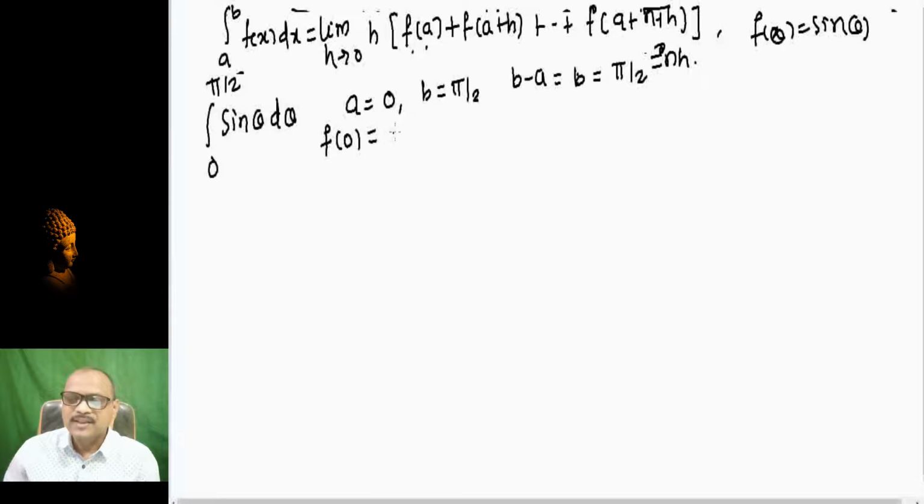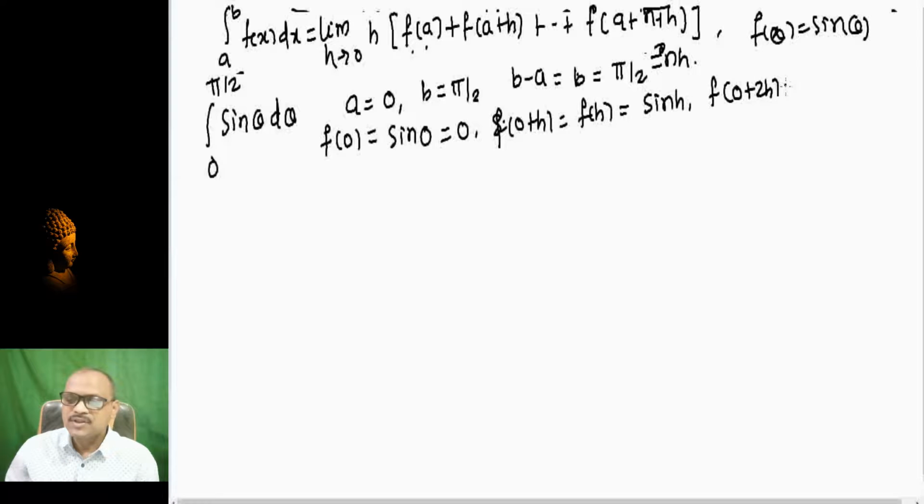Hence when theta equal to 0, we have sine of 0, equal to 0. f of 0 plus h, that is f of h, equal to sine of h. f of 0 plus 2h equal to f of 2h equal to sine of 2h.